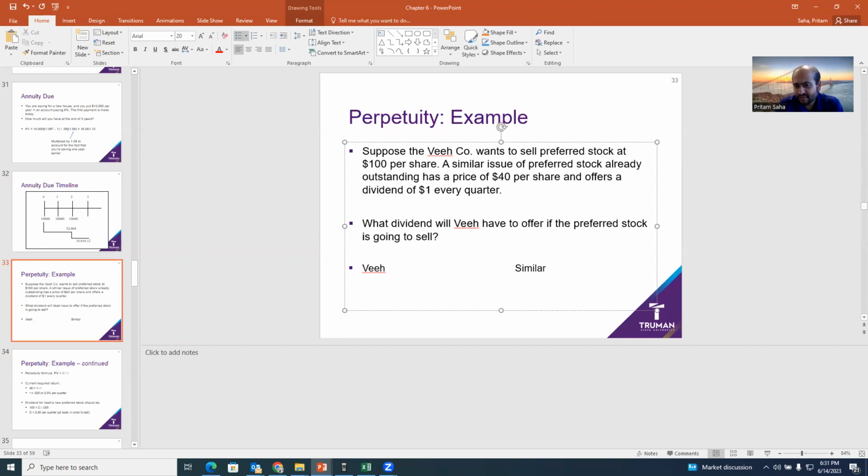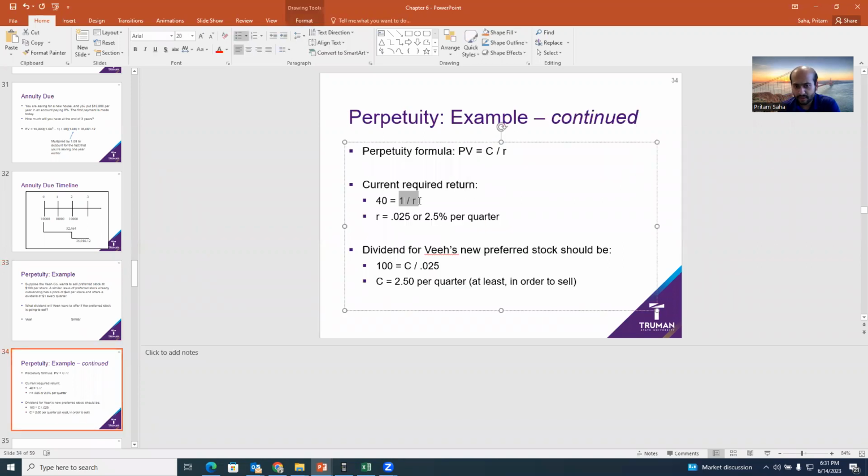So here similar means they have similar risk profile, similar structures, okay? The similar stock is giving you $1 of dividend every quarter and now trading at 40 per share. So let's calculate the required return on the similar issue. This is the per quarter rate of return, okay?